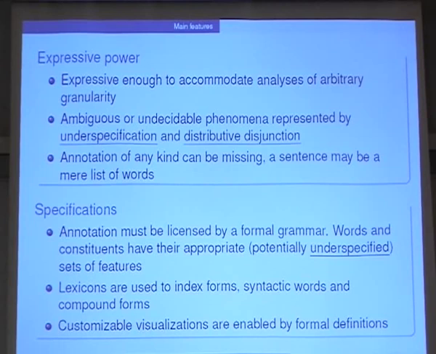So a sentence can be represented or viewed as a mere list of words. Of course, annotation must be licensed by a formal grammar, where also the possibility of underspecification should be included. Lexicons are used to index forms and syntactic words and, of course, compound forms. And as I already said, customizable visualizations should be enabled by formal definitions.